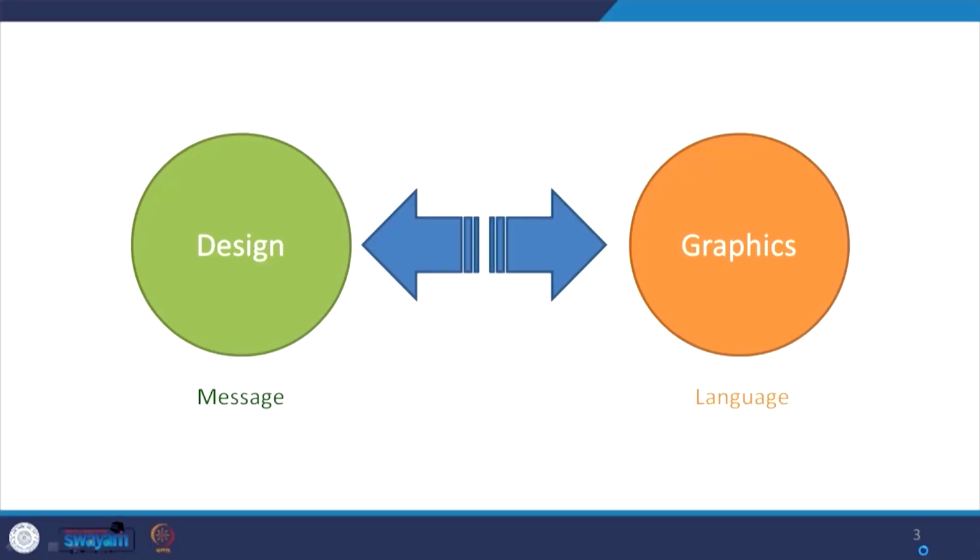Then to manufacture, if we have to cast a die or whatever, at each one of these stages we need a precise communication of the idea for the next stage to progress. So the final design is actually the message, and the language in which this message is conveyed is graphics. Basically, graphics is a language.